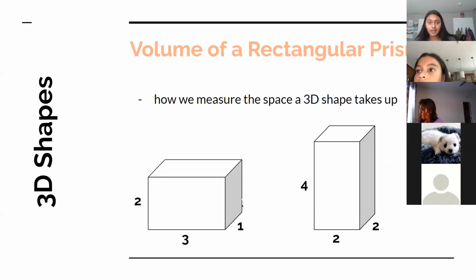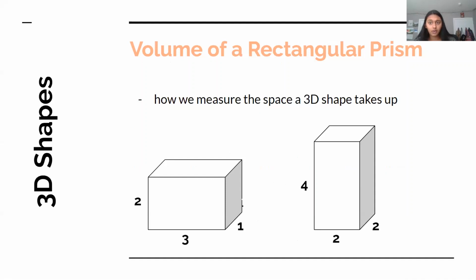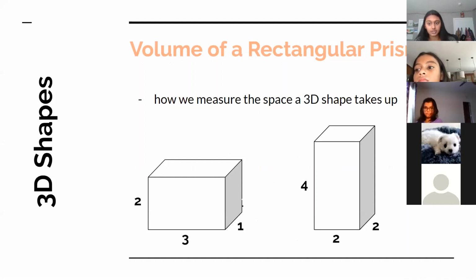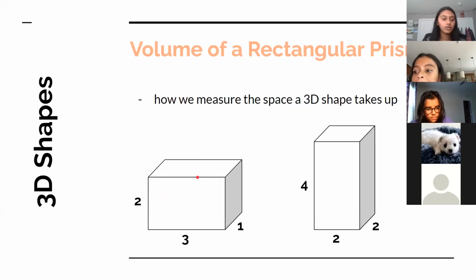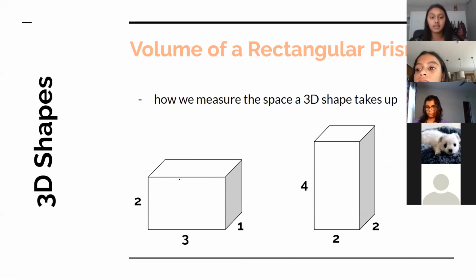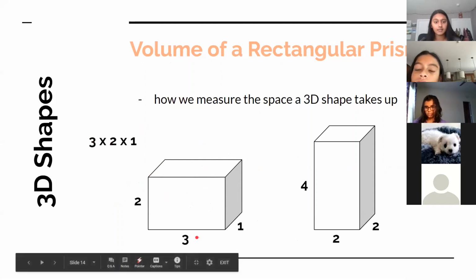So now we're gonna go do volume. So volume is like the area for 3-dimensional shapes, right? It's how we measure the space that a 3D shape takes up. And all we do to get the volume of these shapes is we multiply the length times the width times the height, so 3 times 2 times 1.